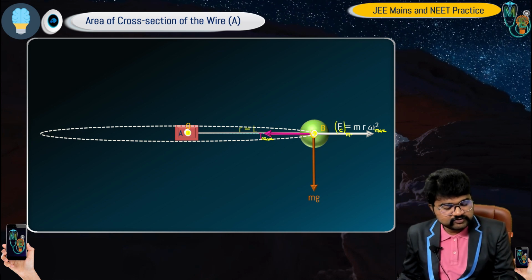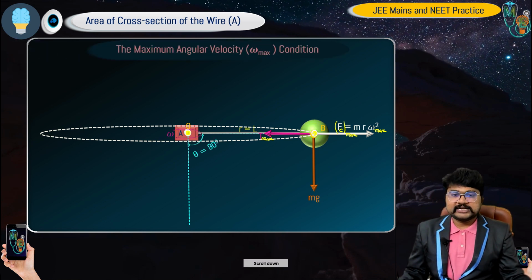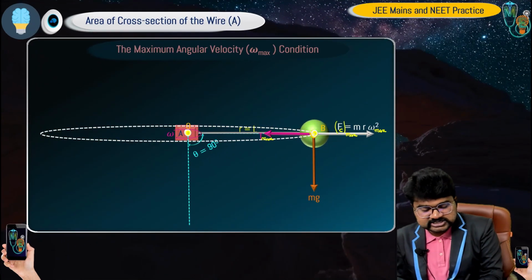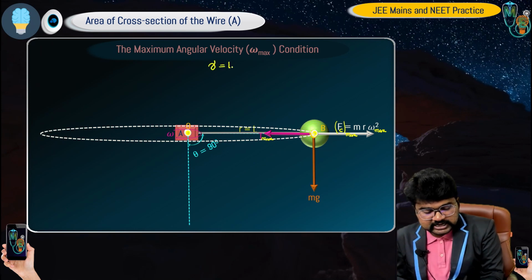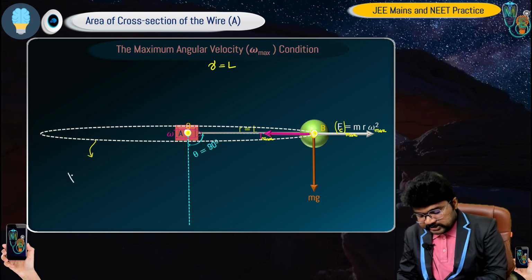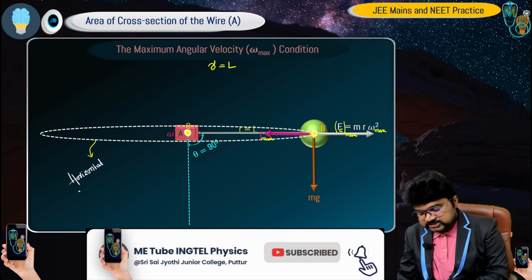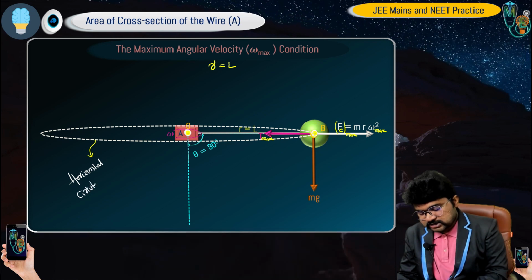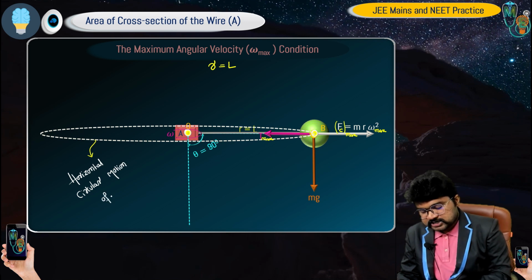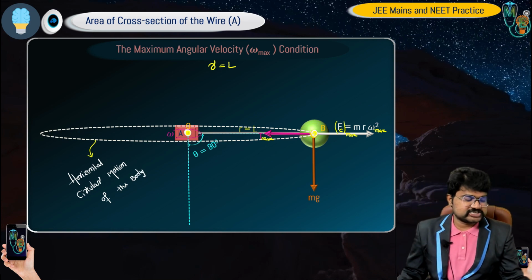Maximum centrifugal force at maximum angular velocity condition, theta equal to 90 degrees, and here R becomes equal to L. Maximum angular velocity condition, R becomes equal to L. This would be horizontal circular motion of the body at maximum angular velocity condition.